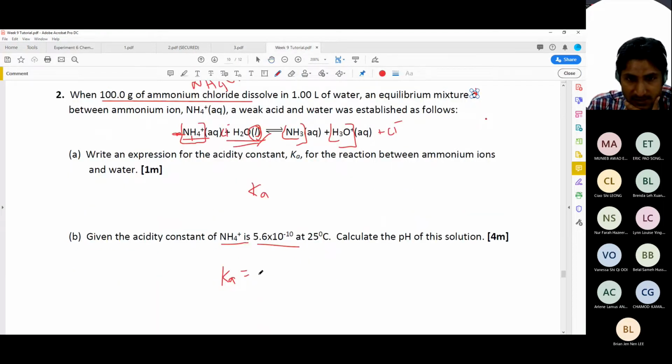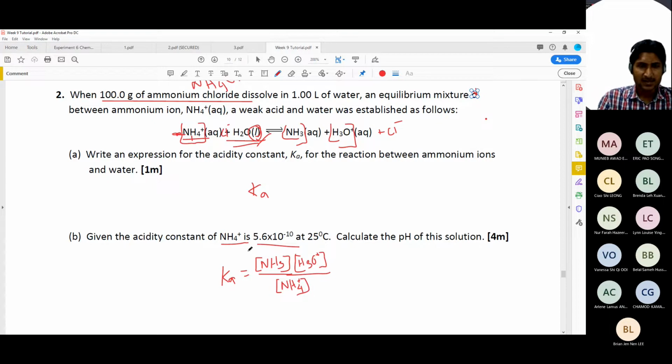Let me write it here: Ka equals the concentration of NH3 times the hydronium ion concentration, divided by the ammonium ion concentration. This Ka value is given here.